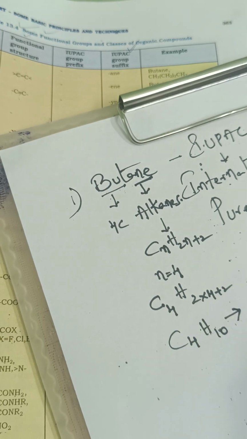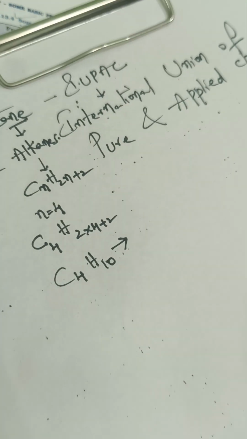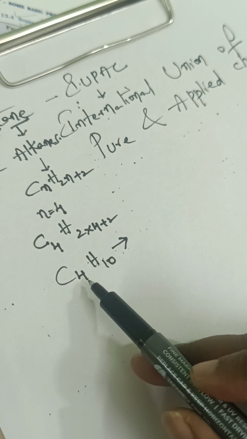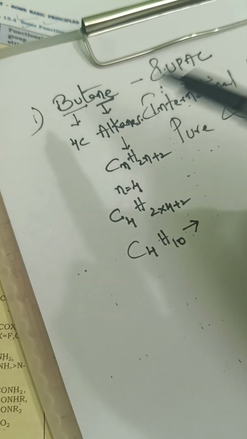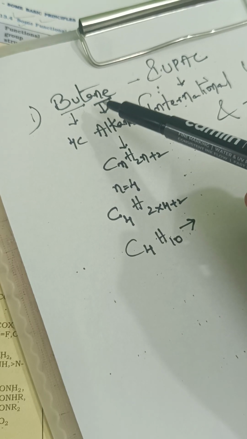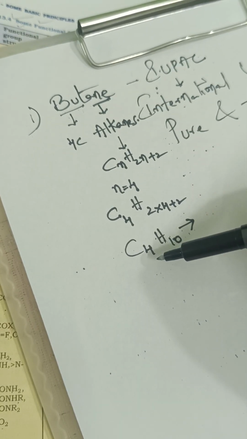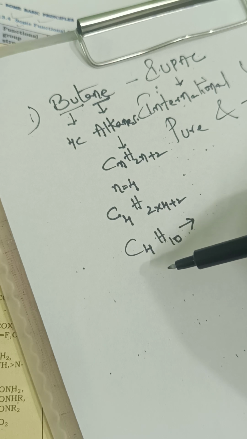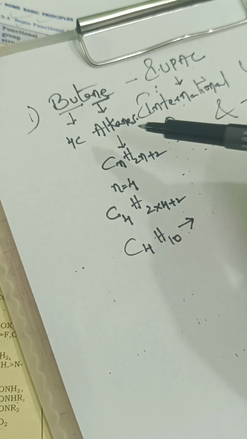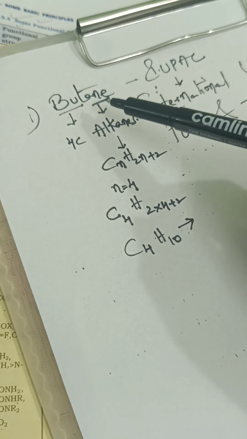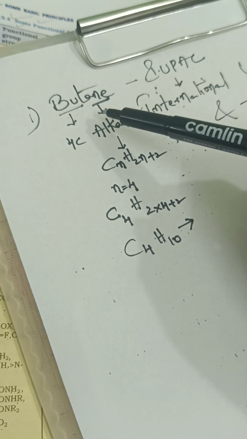This is the derivative under alkane, the 4th member of the class of compounds. The first member is methane, the second is ethane, the third is propane, and the 4th member is butane. So they have given you the IUPAC name butane.